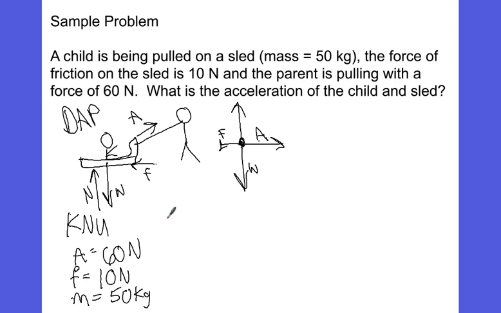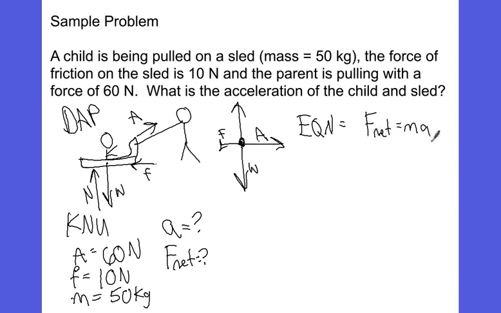Unknowns: I don't know the acceleration, and I don't know F net. So I don't know those two things. When I look at equations, I know that F net equals ma, and I know that F net equals the sum of the forces.